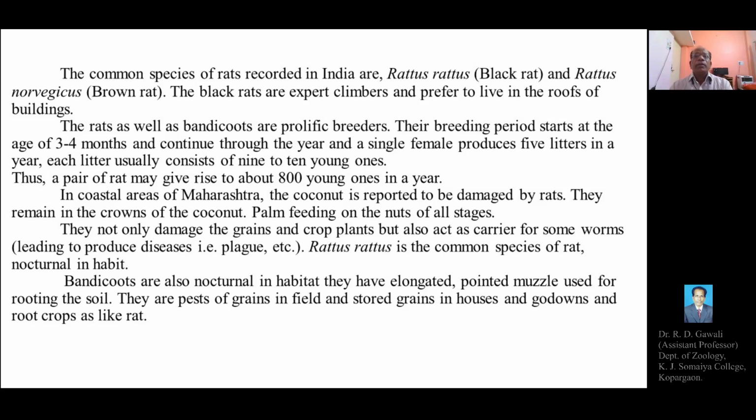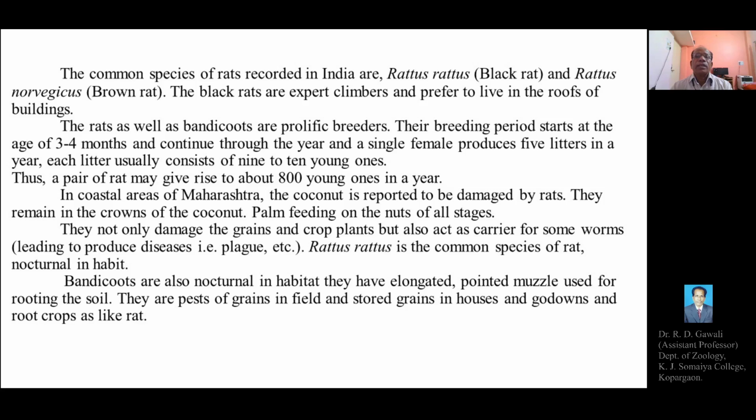The black rats are expert climbers and prefer to live in the roofs of buildings, godowns or warehouses, and can feed upon a large quantity of stored food grains, causing their loss or damage.